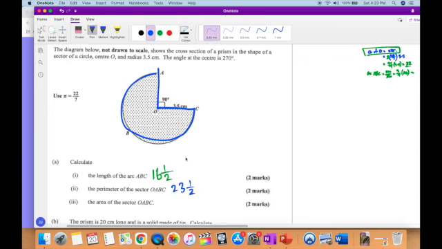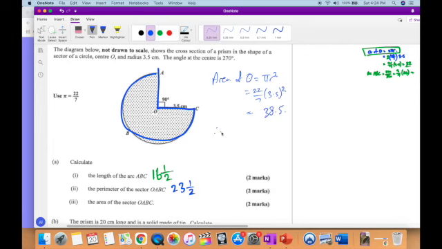And the area of the sector. Well, I'll just do the same thing. I'll find the area of the circle, which is pi r squared, which is 22 over 7 into 3.5 squared, which is 38.5.